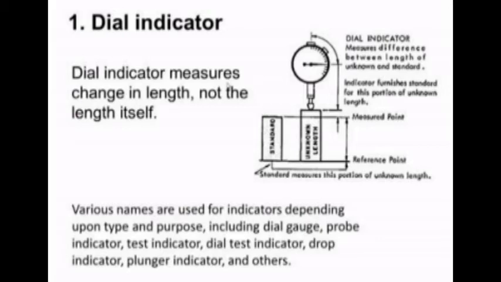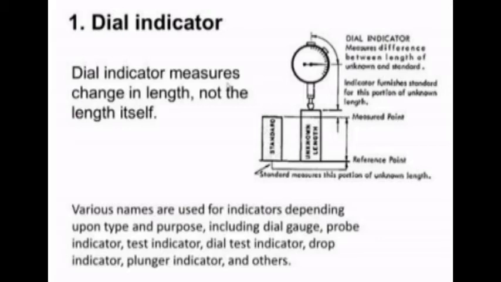Various names are used for dial indicators depending upon the type and the purpose. Those names are dial gauge, probe indicator, test indicator, dial test indicator, drop indicator, plunger indicator, etc.